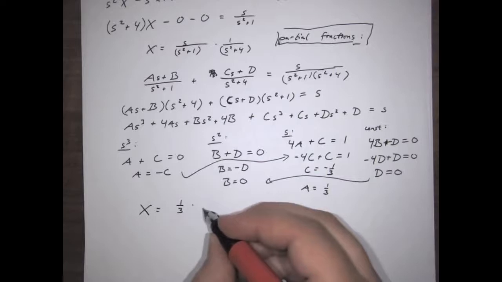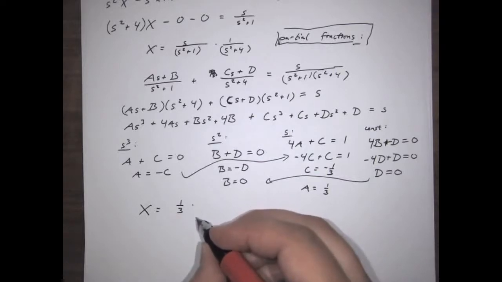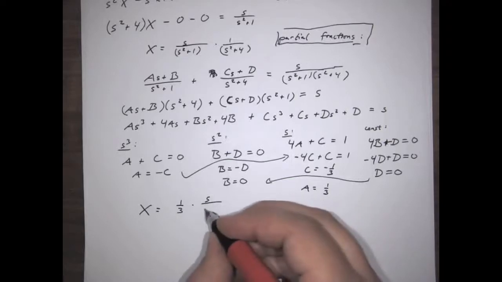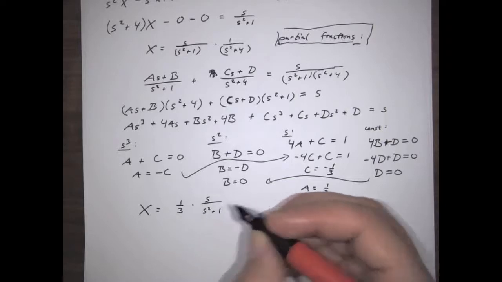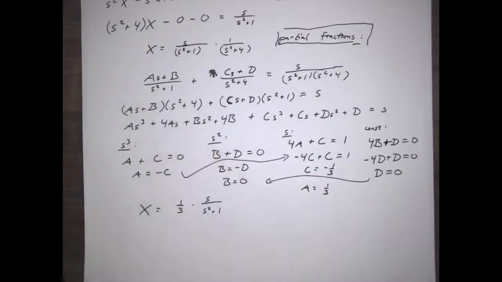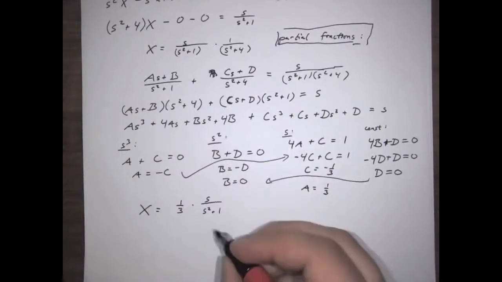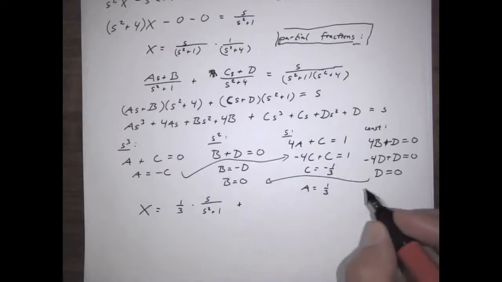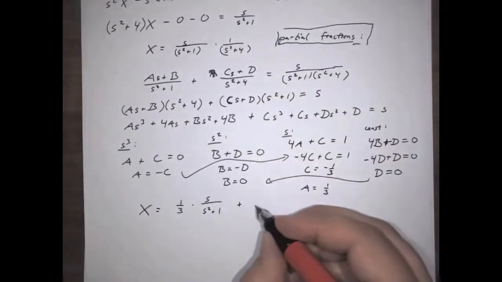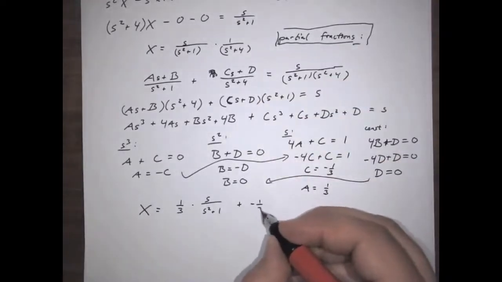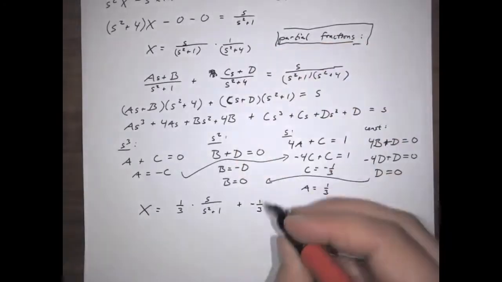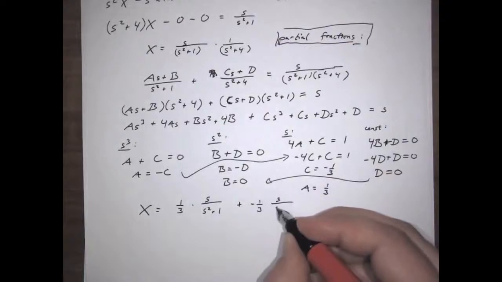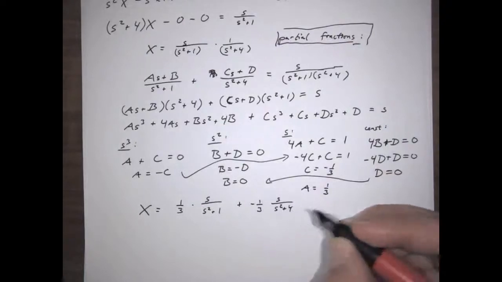This one was the one that's over s squared plus 1. So the a here was the term of the s, so I can pull the 1/3 out there for convenience. And same thing, the c is the term that was going on the s of this one, so it's going to be s over s squared plus 4.